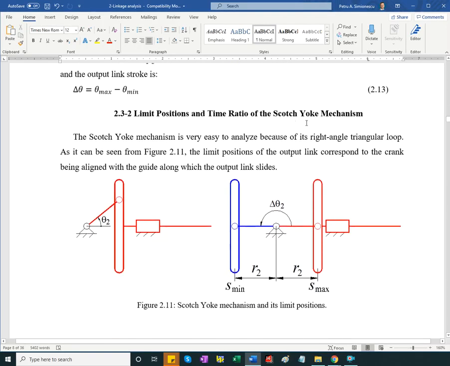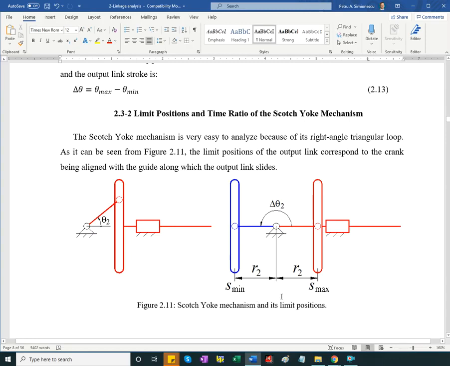For the Scotch yoke, this is a schematic of a Scotch yoke that uses a pin and a slot joint rather than a block that slides. And the limit positions occur as drawn here when the crank angle is 0 and 180 degrees. So these are the limit positions of the Scotch yoke.